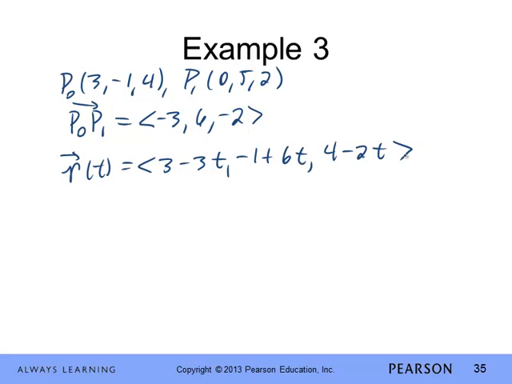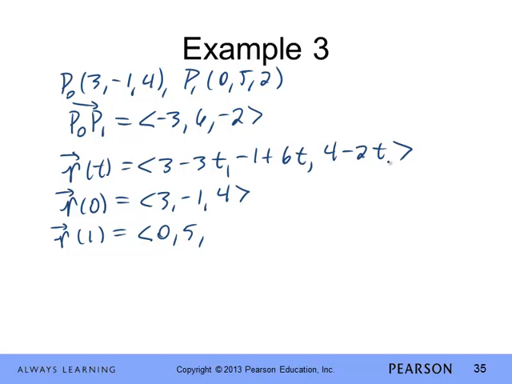Notice the beauty about this is that when you set t equal to 0, meaning r of 0, then what do you have? Then you have 3, -1, 4. And not only that, what do you have when t is equal to 1, meaning r of 1? 3 minus 3 is 0, -1 plus 6 is 5, and 4 minus 2 is 2.